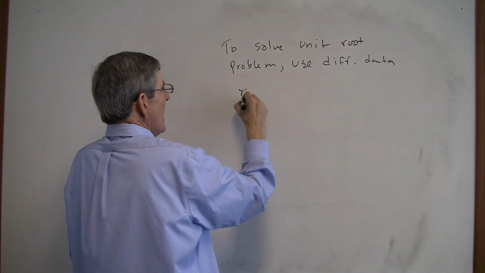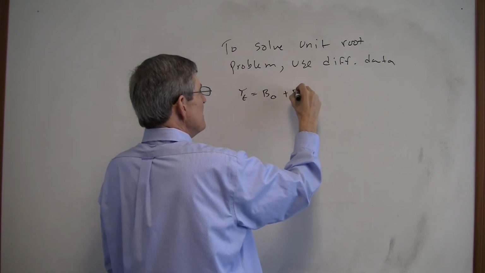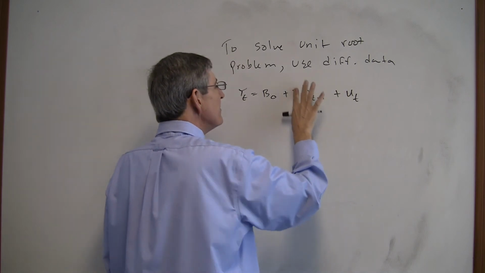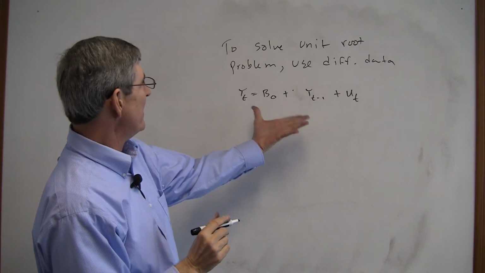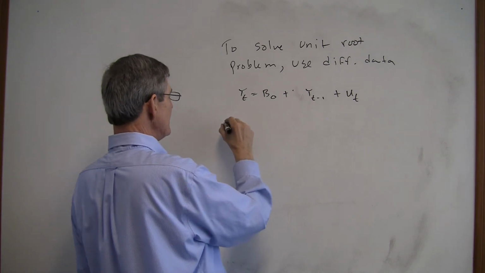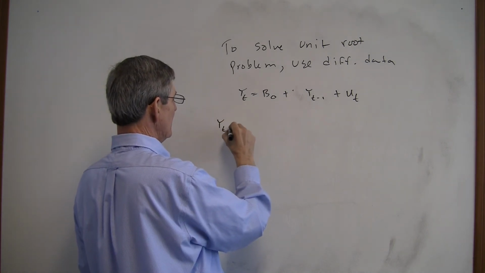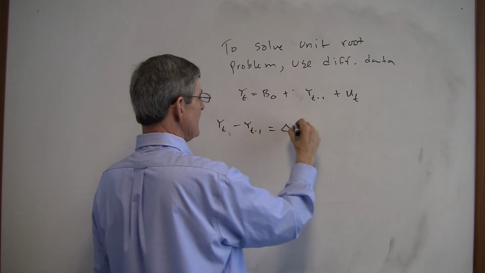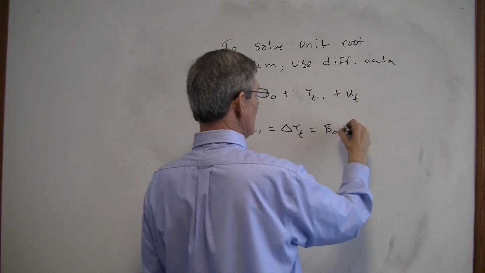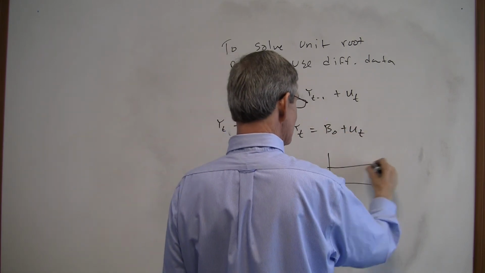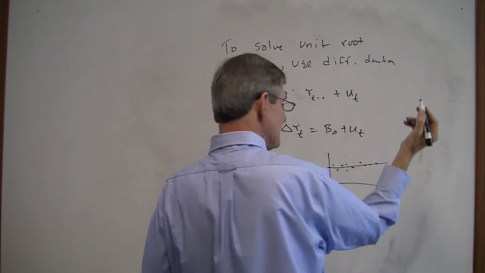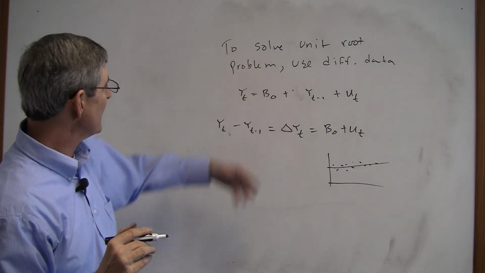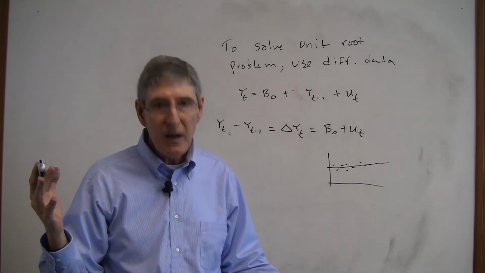A simple case is yt equals beta 0 plus beta 1 yt minus 1 plus ut, where beta 1 is 1. That's non-stationary, has a stochastic trend. But if I difference the data, yt minus yt minus 1, which is delta yt, that's just beta 0 plus ut. That's just a constant with randomness around it. And that's stationary. The mean doesn't drift. The variance doesn't change. So by differencing it, you get rid of the problem.